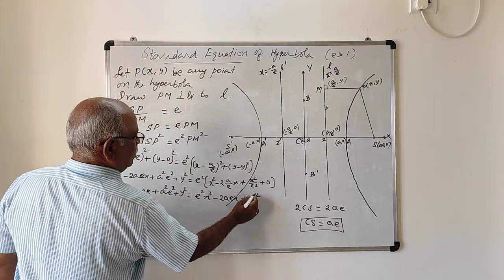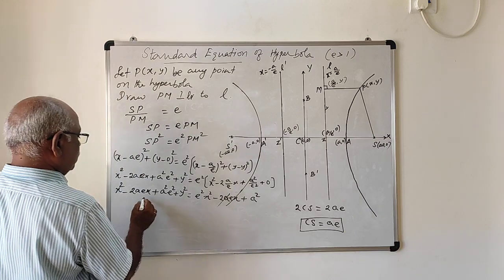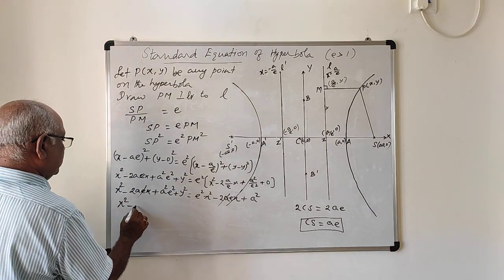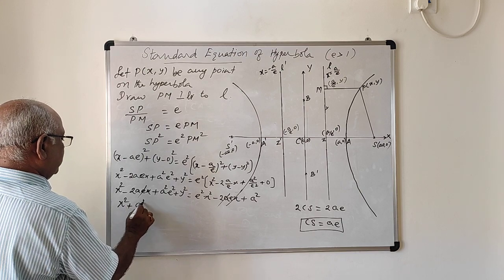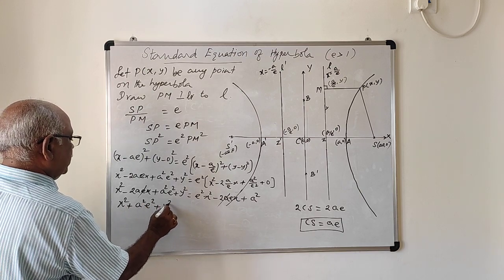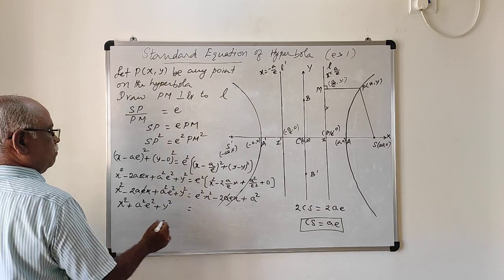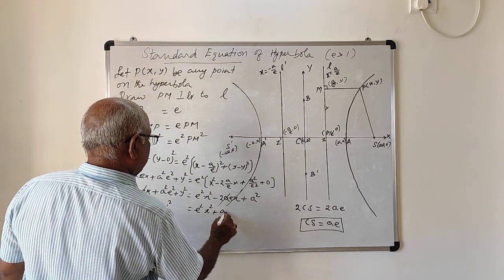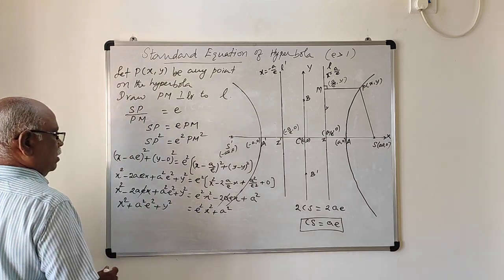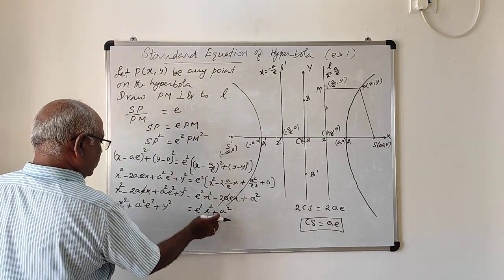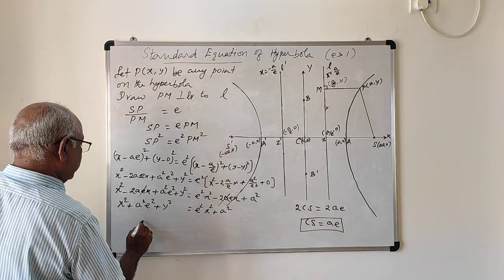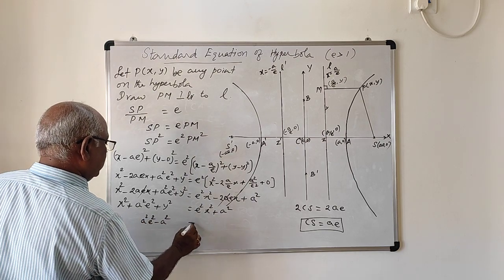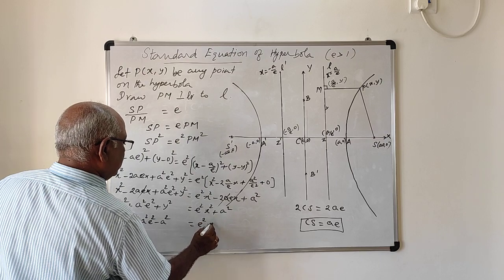Eliminating E square and minus 2aEx on both sides, you will get x square plus a square e square plus y square equal to e square x square plus a square. You bring a square to the left hand side, you will get a square e square minus a square equal to e square x square.